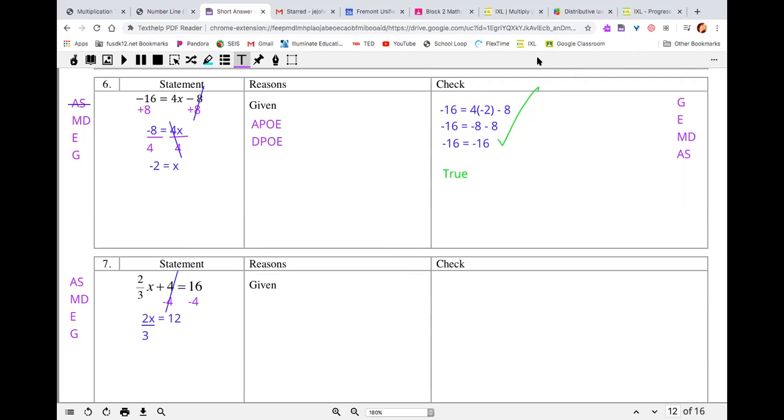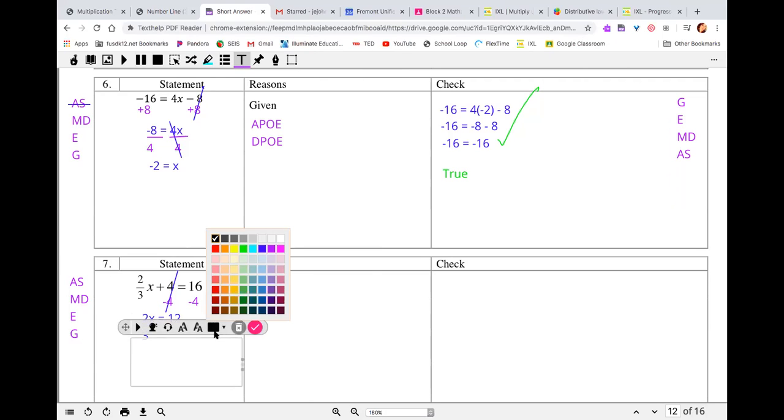So before I do that, I want to times first because this says divided by 3. I want to times both sides by 3, so that way I don't have to deal with that fraction anymore. It's pesky.